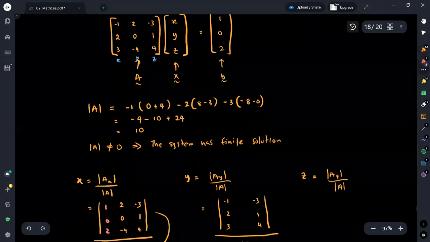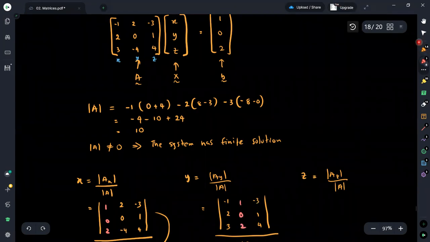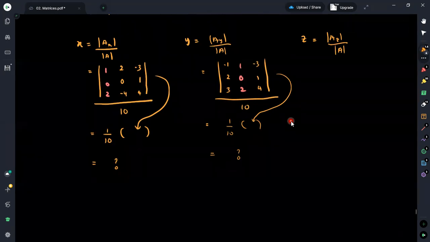The second column has to be replaced by 1, 0, and 2. Then we can continue the calculation. Again, we get 1 over 10 times this value, and likewise we can calculate the value of y as well.